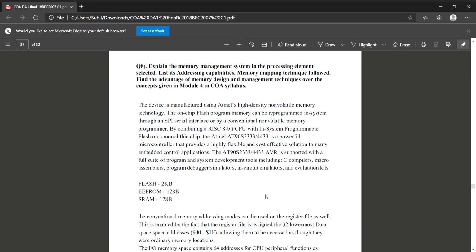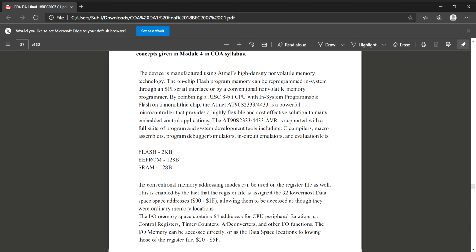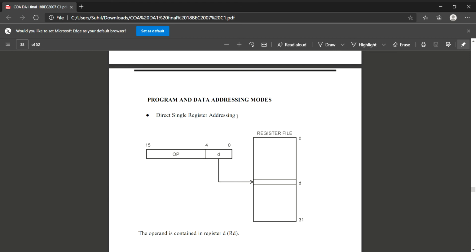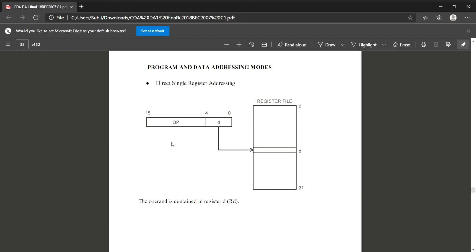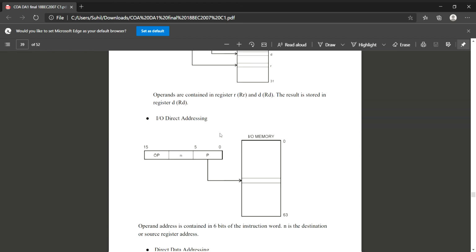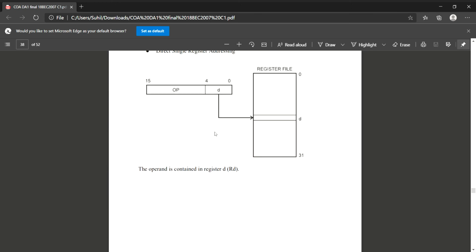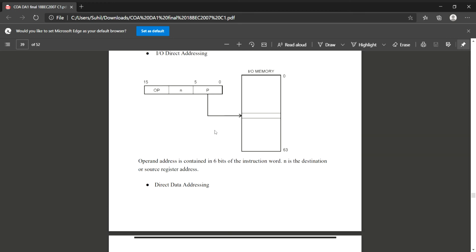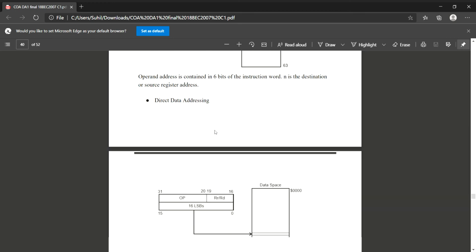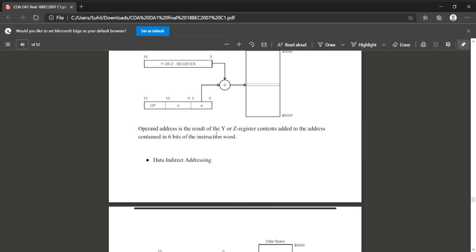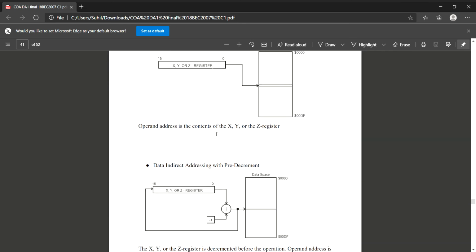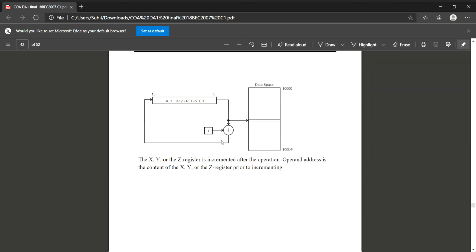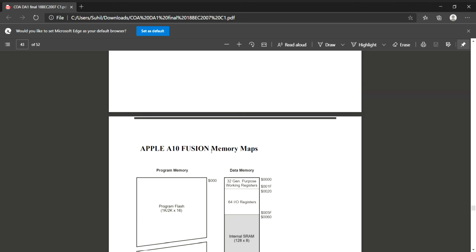Explain the memory management system in the selected processing element, like flash, EEPROM, SRAM, as we have studied: program and data addressing, register file, and addressing modes. Basically, the addressing modes used here are direct register addressing, I/O register direct addressing, direct data addressing, data indirect addressing, data indirect addressing with pre-decrement, and data indirect addressing with post-increment, as we have studied in microcontrollers and applications.